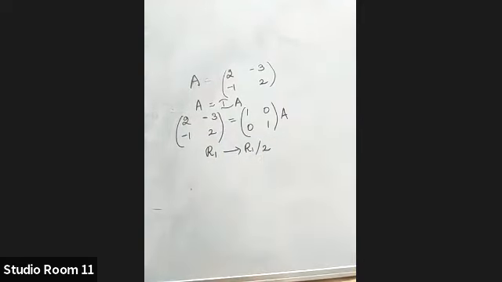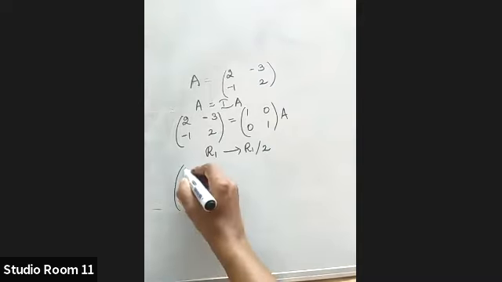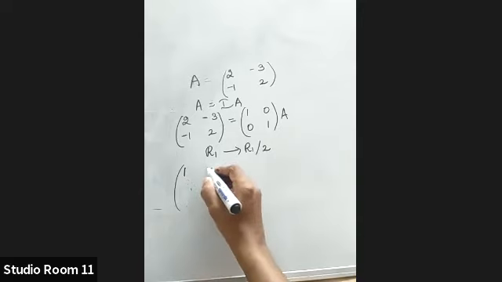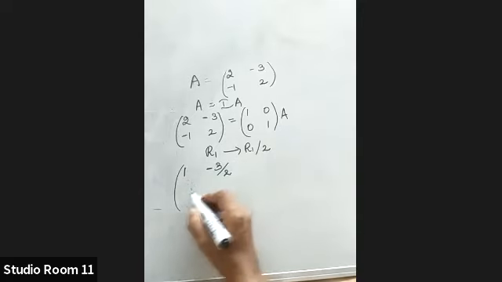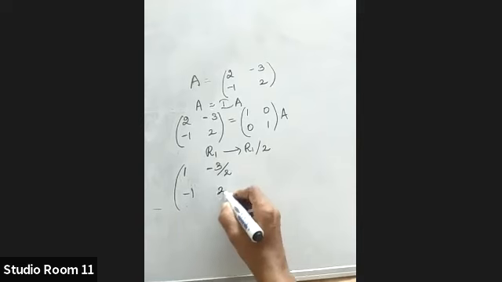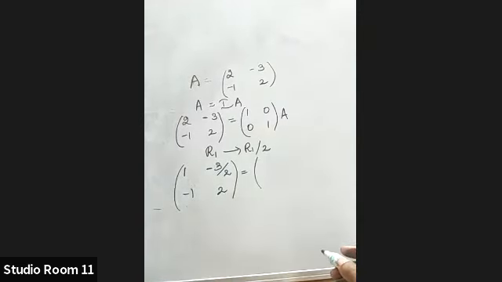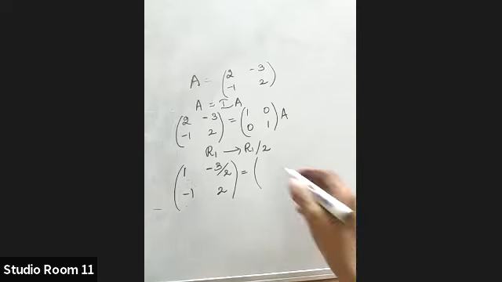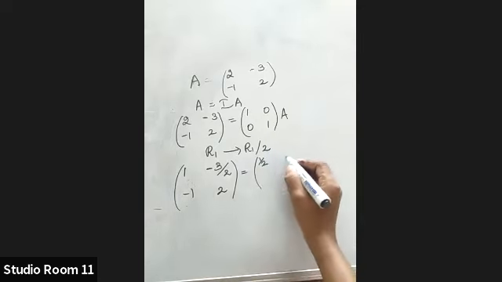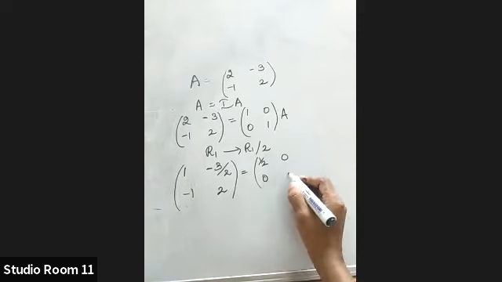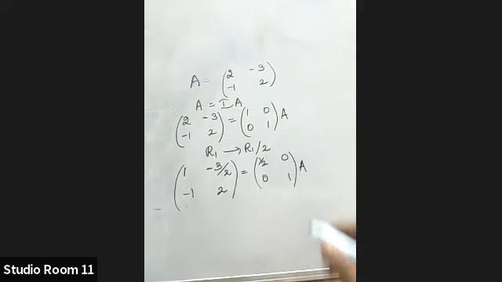The first column will become 1, the next one will become -3/2, and the second row has no change. The changes we do in the LHS should be done on the RHS also, so here it will be 1/2, 0, 0, 1 into A. Is it okay?